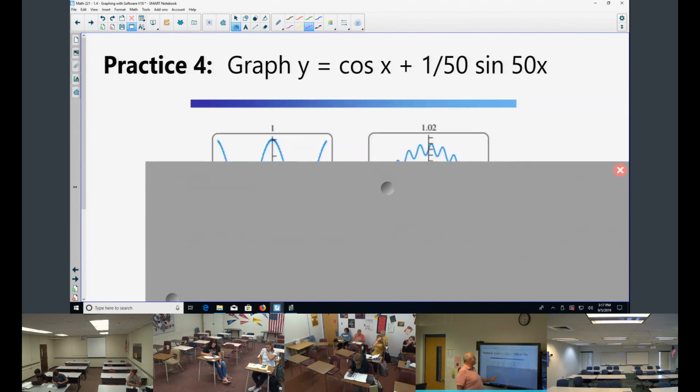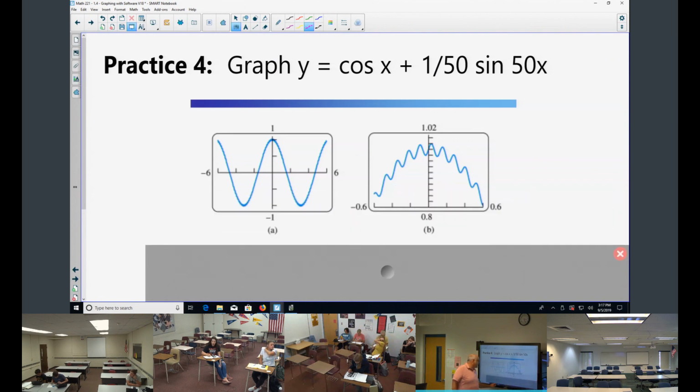Again, this is another one of those that, if you're looking at the standard viewing window, might just look like a regular sine or cosine graph. But if you zoom in, you'll see that it's like a wave inside the wave.